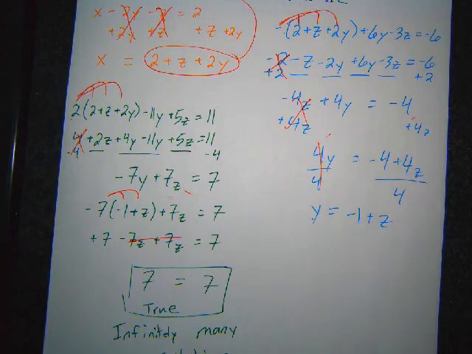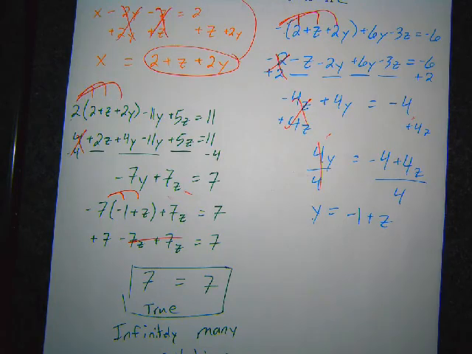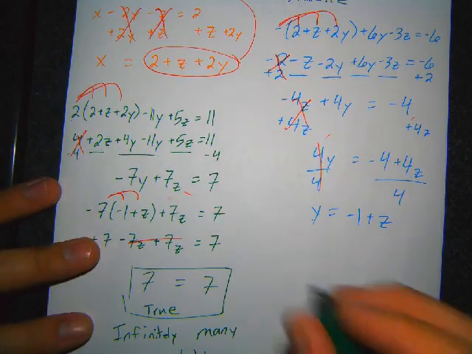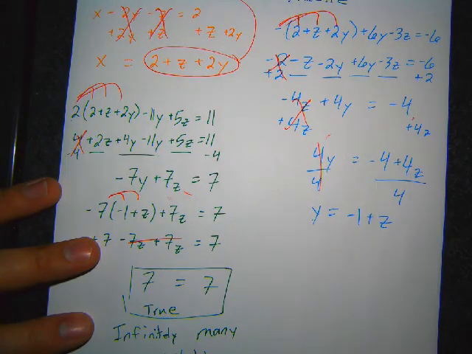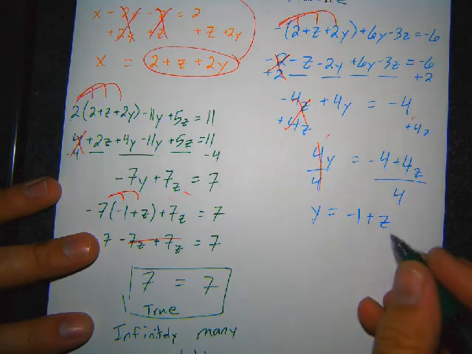So in this case, usually how we do this is we write the other variables in terms of one variable. If you want to see what the solutions look like, sometimes people write the solutions like this. We know that y is going to be negative 1 plus z.